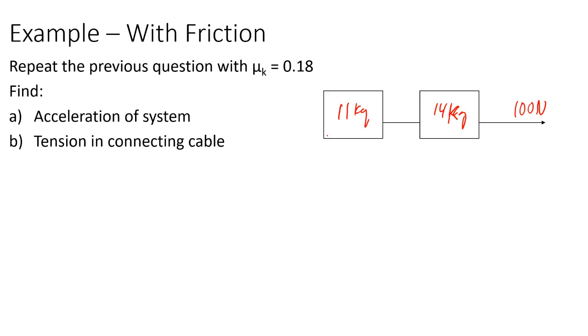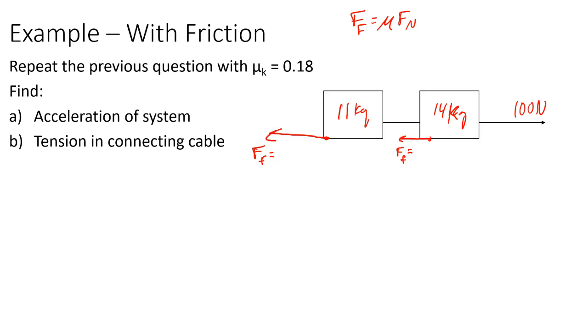Now, just along the bottom here, I'm going to draw a little arrow, and that arrow is going to represent my friction. And friction is always an external force. So my force of friction on either one of these things is going to be my mu times normal force.